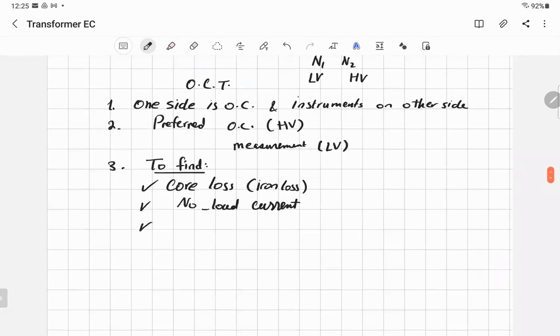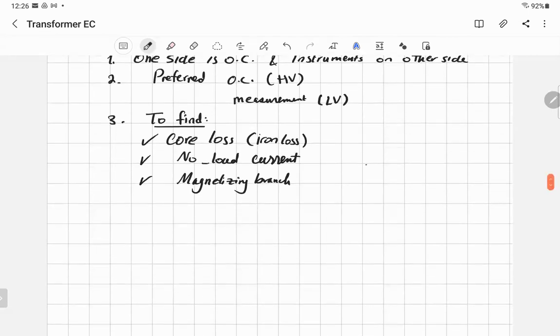And we are going to use it to find the magnetizing branch. What's the magnetizing branch? The equivalent circuit at no load can be represented by a parallel branch that has resistance RC and an inductor that has reactance jXM.